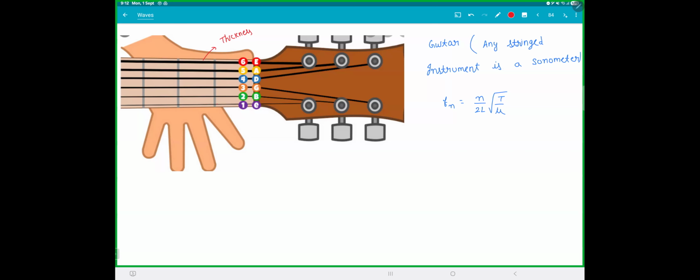Different thicknesses have different mu values. And the instructor tells you, put the hand here and pluck the string. Also, if you change the position of your finger or hand, you're changing the length of the string.